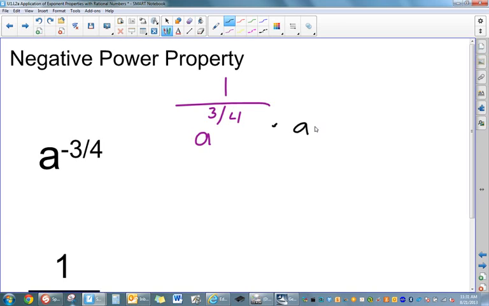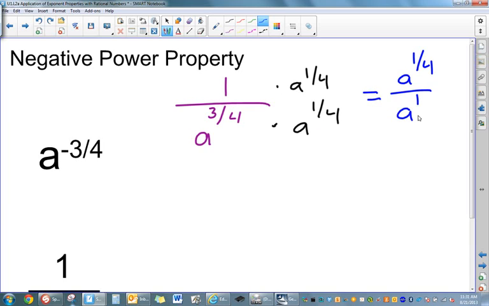You're going to multiply the top and the bottom by a to the 1/4. Yes. You're allowed to have a fractional exponent in the numerator, just not in the denominator. That is your answer. It could be, but I want to make sure everyone sees that it's a 1 because 3/4 plus 1/4 is 1. That was a conscious decision on my part. You do not need the 1.